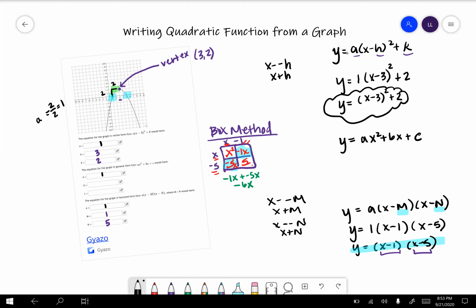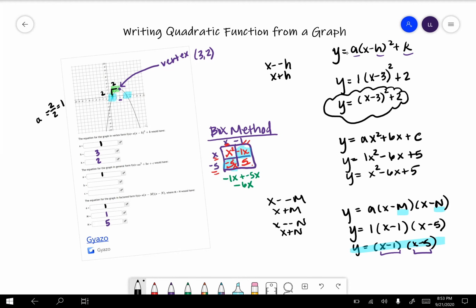So my quadratic function in standard form is y equals 1x squared minus 6x plus 5. And once again, 1 times anything is itself. So y is equal to x squared minus 6x plus 5.